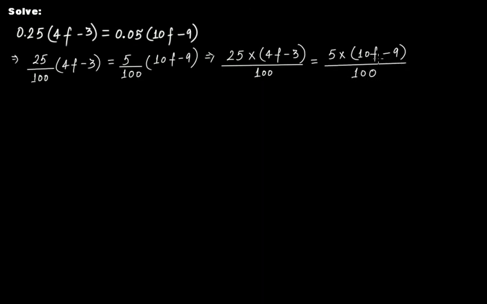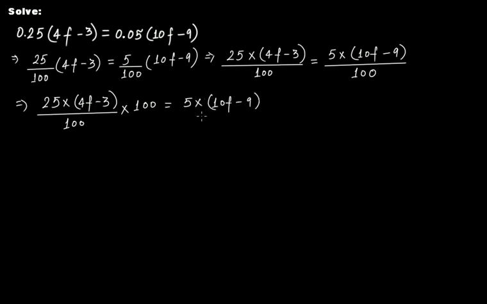If we multiply both the left hand side and the right hand side by 100, so this becomes 25 times 4f minus 3 by 100 times 100 is equal to 5 times 10f minus 9 divided by 100 times 100.